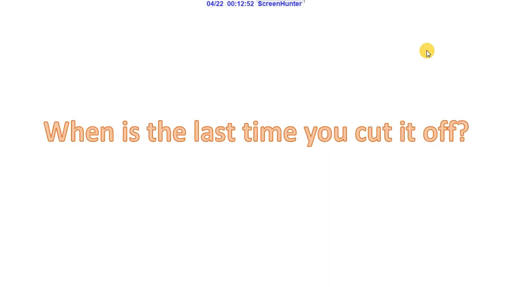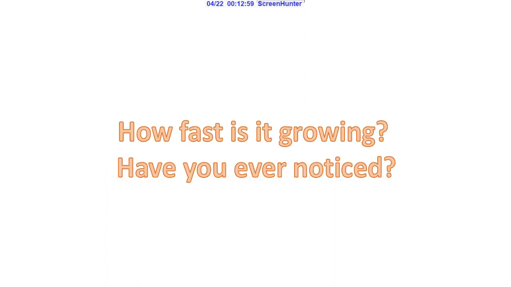So today, before we learn about the new topic, let us have a thinking corner. First, please look at your nails. When is the last time you cut them off? How fast are they growing?